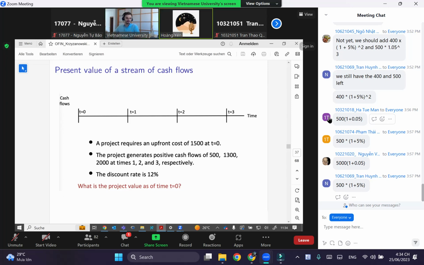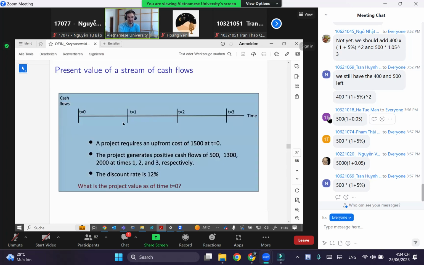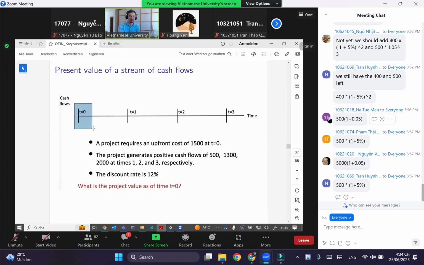Because we move the investment to the past, or move back. Exactly. Because we have future payoffs and we're interested in their value when we discount to a previous period, meaning here in our example our present value at time T0. Perfect.